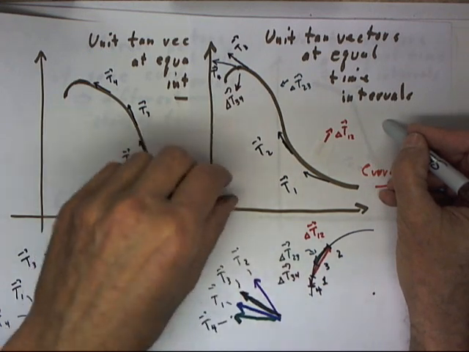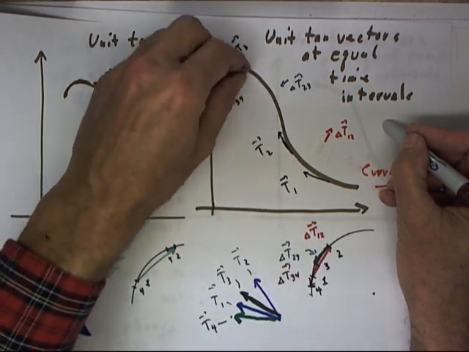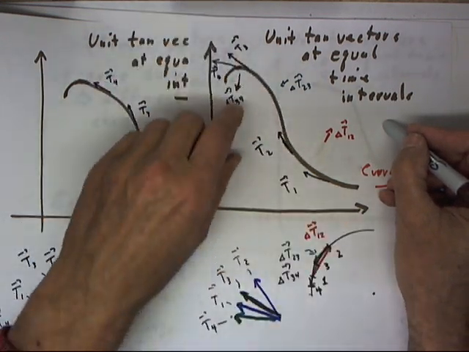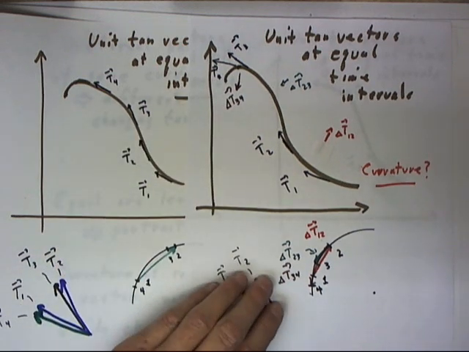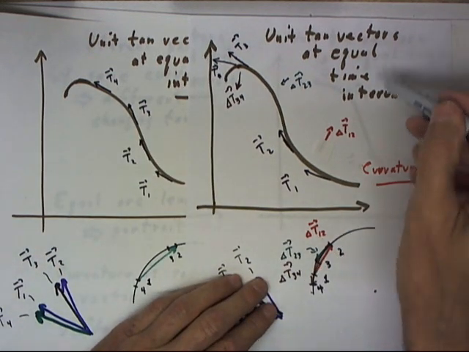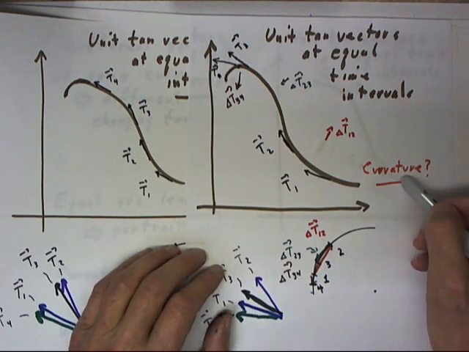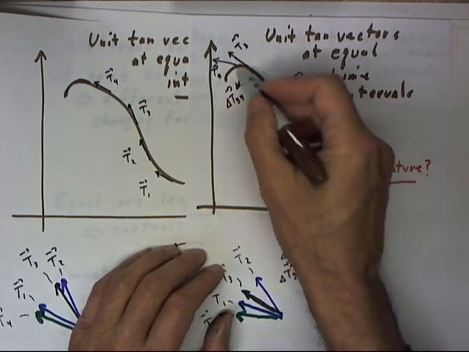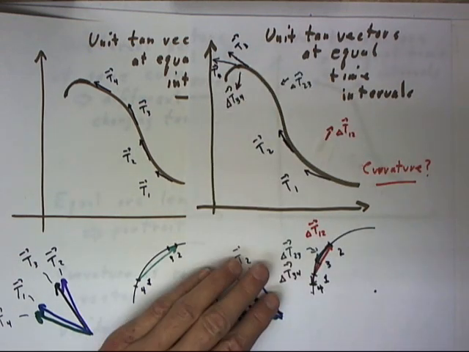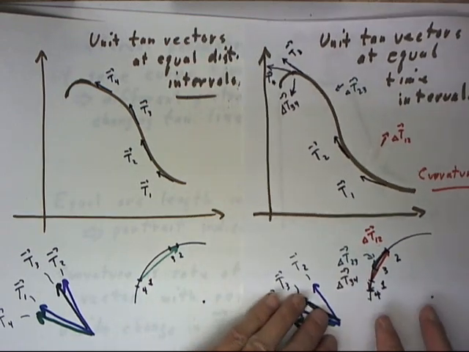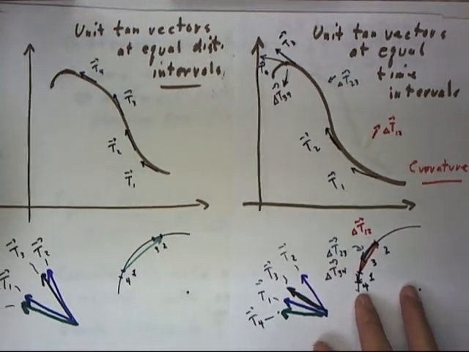It just shows us how much we changed at whatever speed we happen to be moving on that interval. So this picture is in some way related to how curvy the path is, but it doesn't really give us something that we would want to call the curvature.